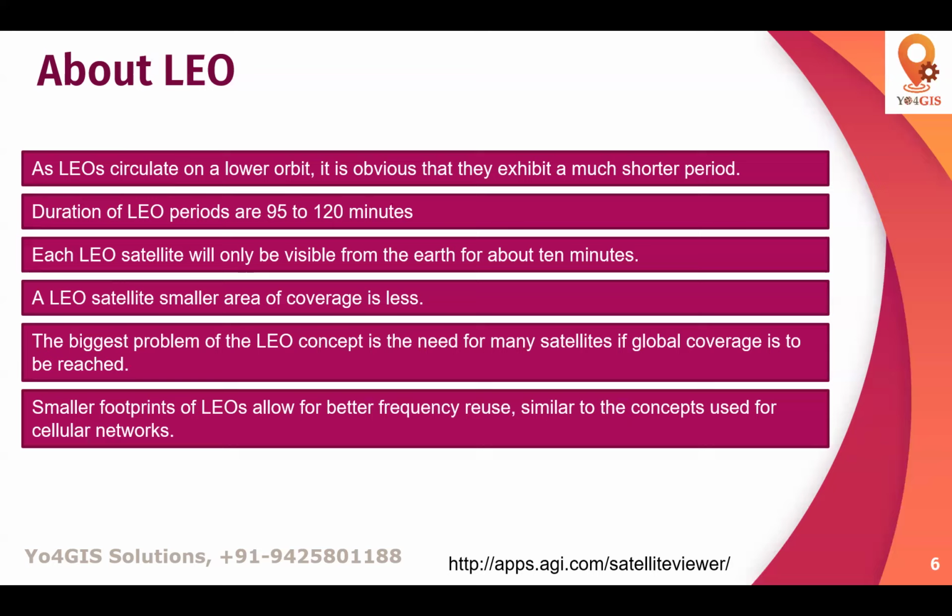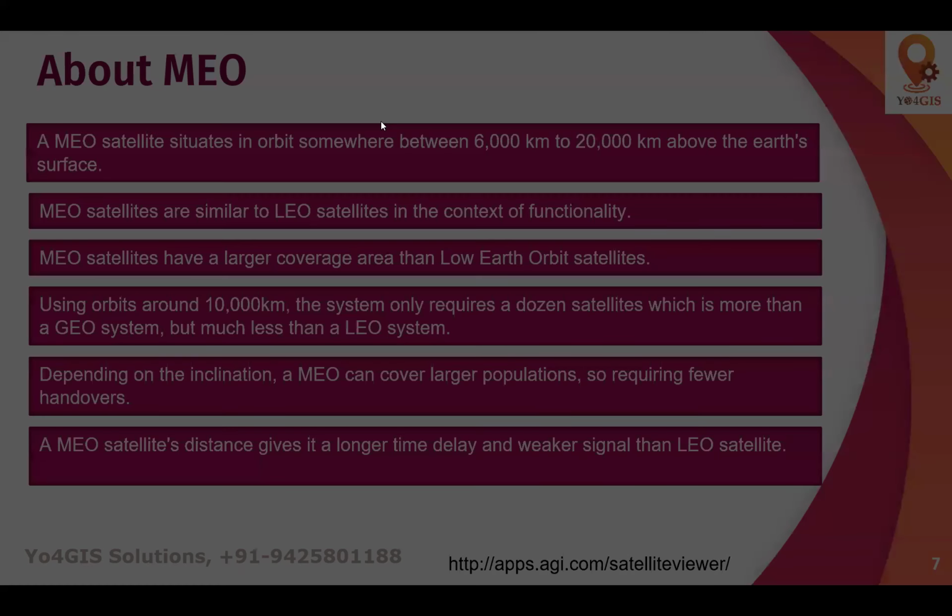And whenever we are getting any image from the LEO satellite, its resolution is very high, meaning we are getting very clear images using the LEO as compared to other satellites. So these are the ideal characteristics of the LEO.